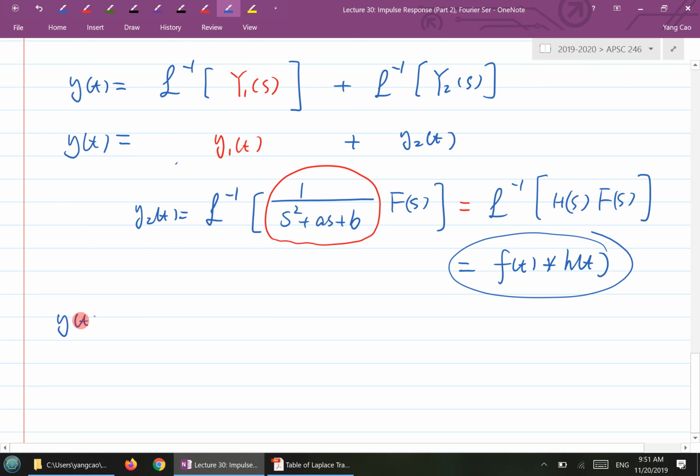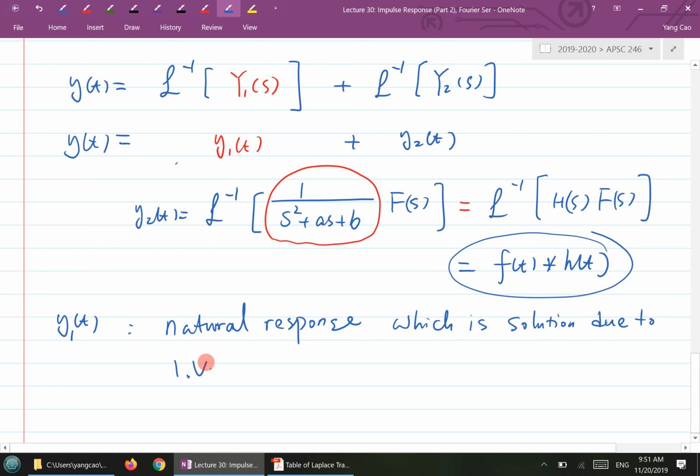So the y of t, we call the y1 of t, this one here, the natural response. Natural response basically is the solution due to initial values.